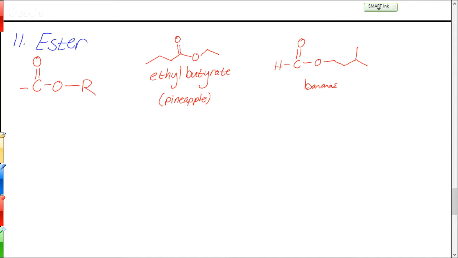So it's important to look around and notice that this molecule is not an aldehyde, it's an ester because of that oxygen. This one is not a ketone, it's an ester because of the oxygen next to it. So all of these carbonyl groups depend on what's next to the carbonyl to determine which functional group it is.